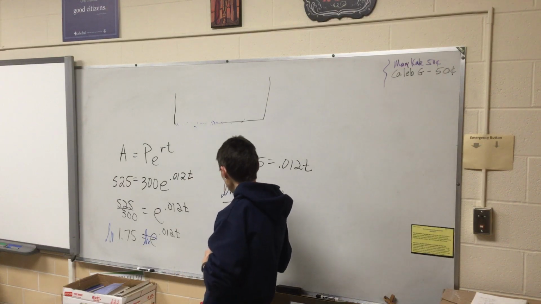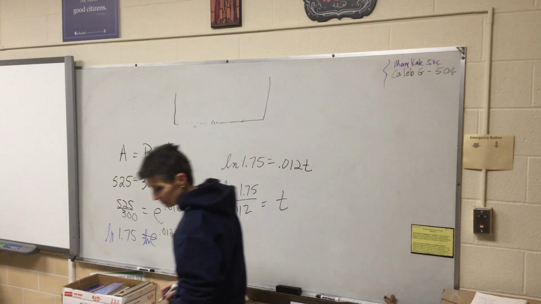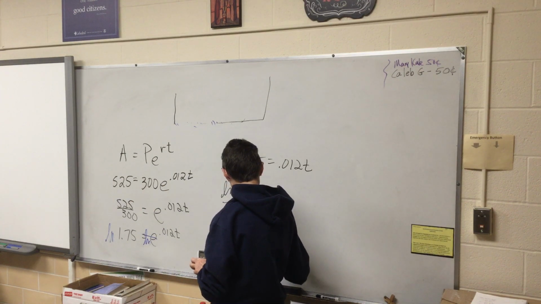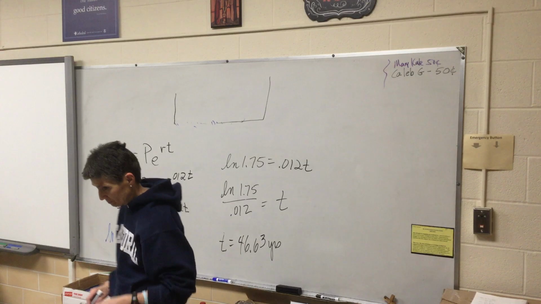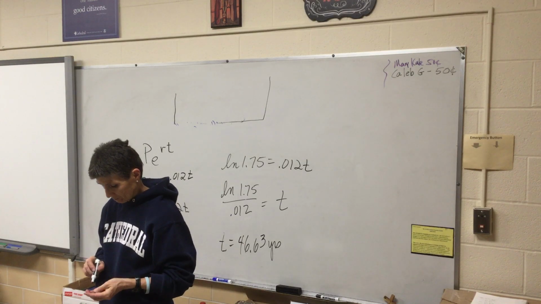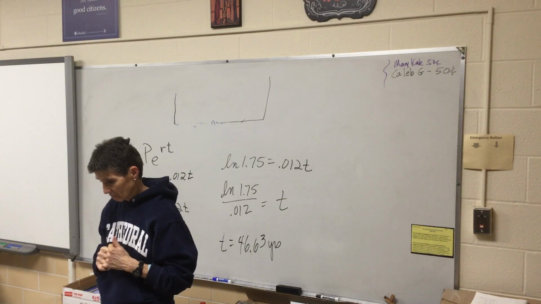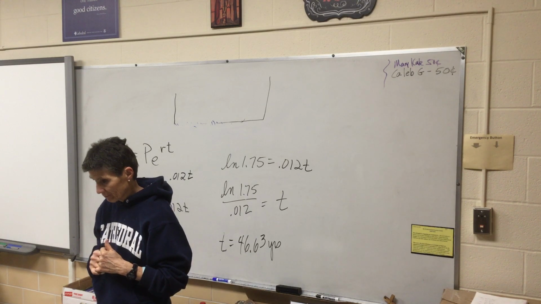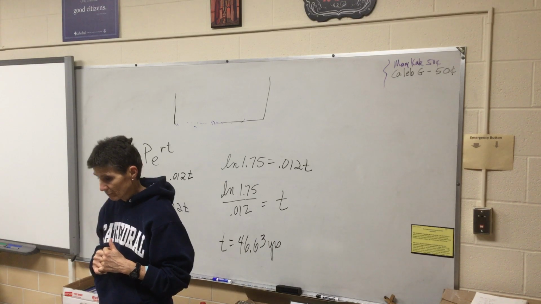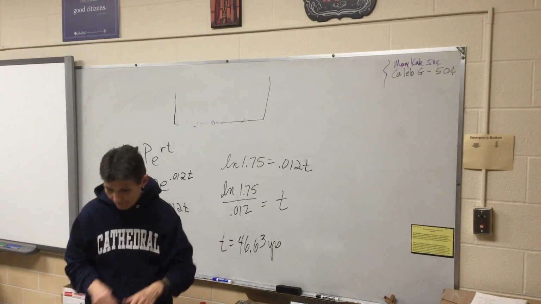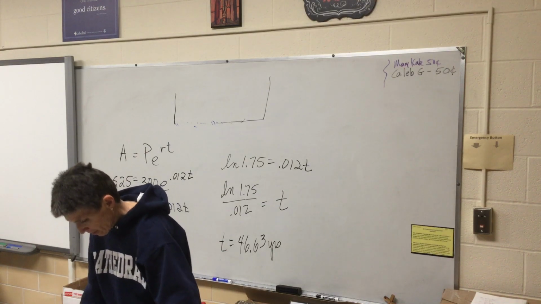So try it again and tell me how many years you got. Okay, ln 1.75 parentheses, then divided by 0.012. 46. Yay. Okay.